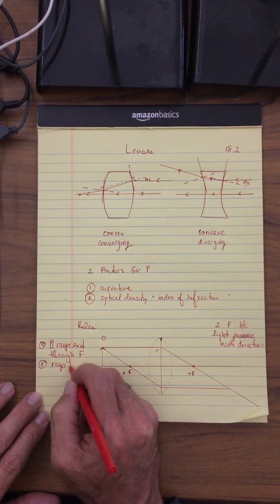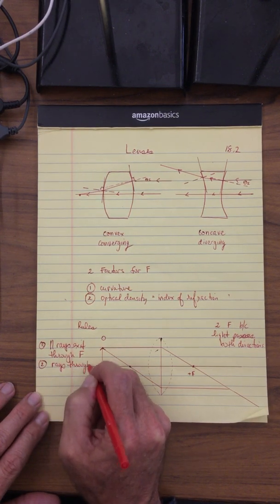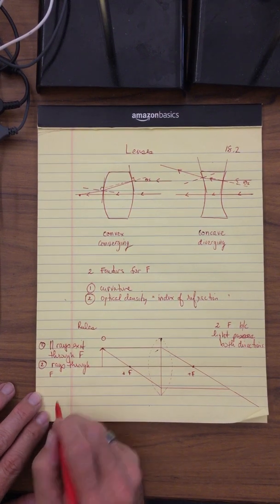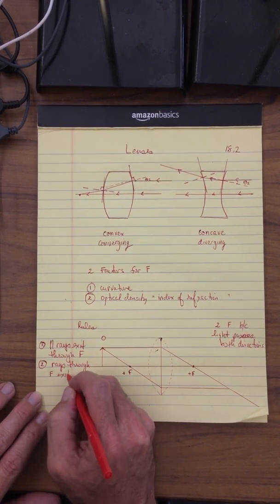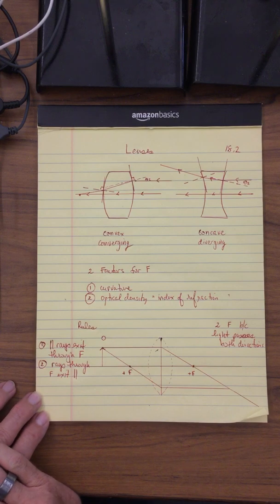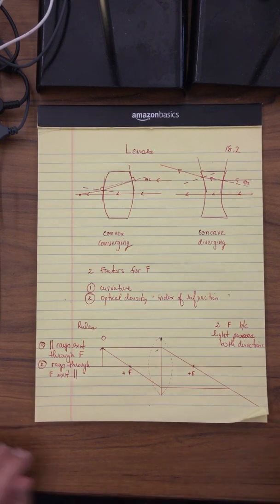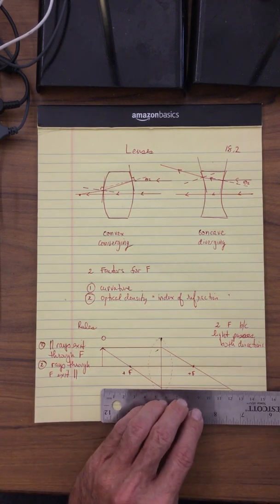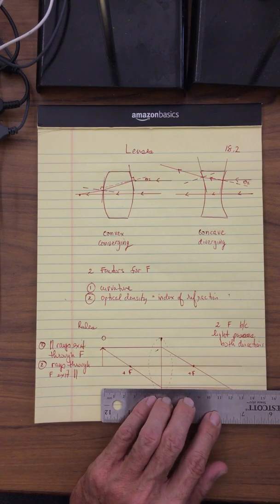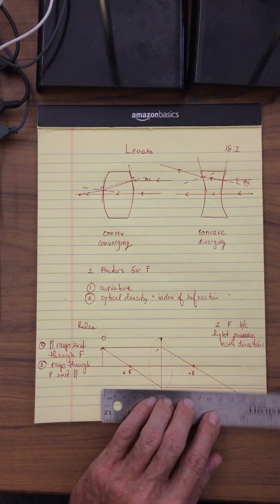So rays through the focal point exit parallel, just like the concave mirror. Extend this out a little bit more.